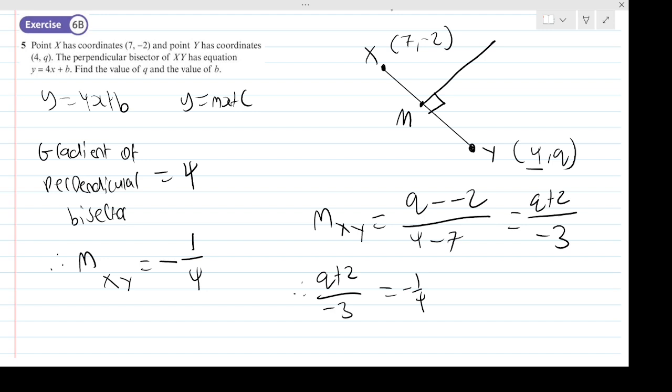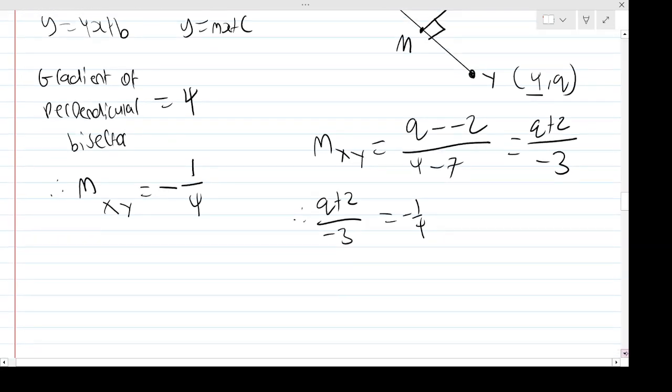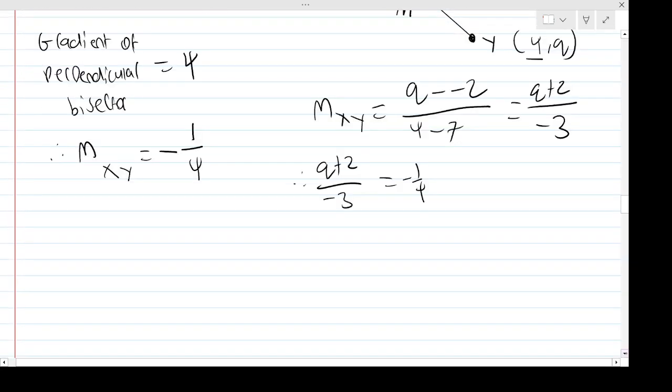But now this is an algebraic fraction. We can cross multiply to solve it. First I can get rid of the negatives on both sides. So q plus 2 over 3 is equal to 1 over 4. If I've got 2 negatives on either side, I can just divide through by minus 1 to get rid of both negatives.